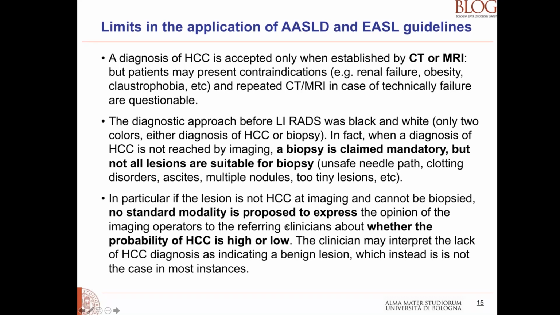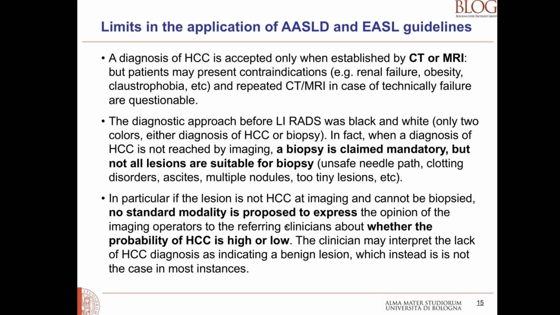Because what happened in the past is that the report said this lesion does not achieve the criteria to be an HCC. So the expert knew that in this situation biopsy was mandatory, but I often saw in the past the general practitioner say, okay, this does not reach the criteria to be an HCC. Oh, okay, very happy. This is a benign lesion. And obviously this is a very wrong situation.